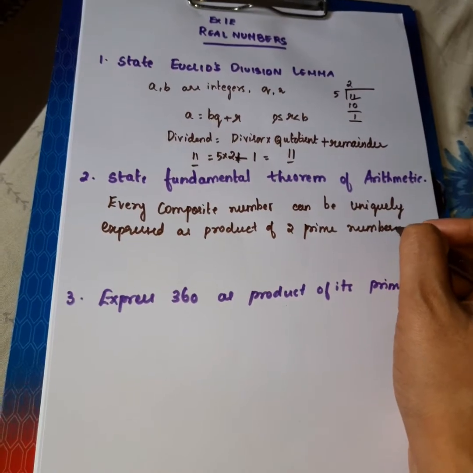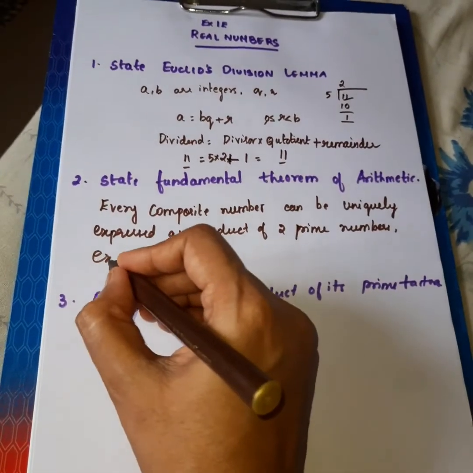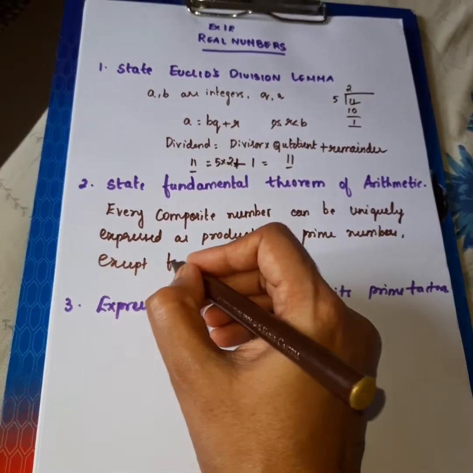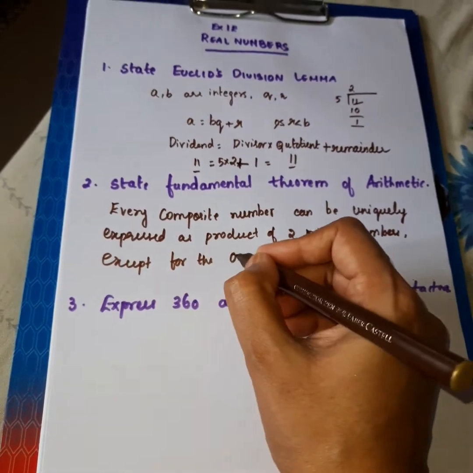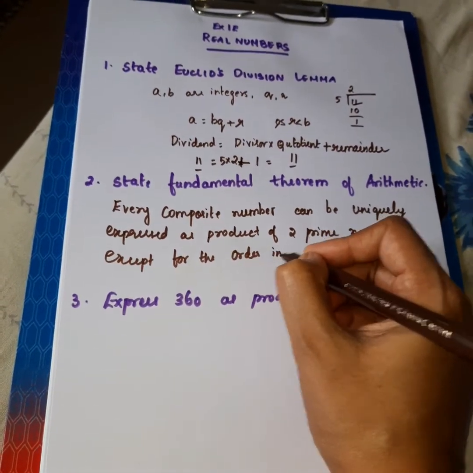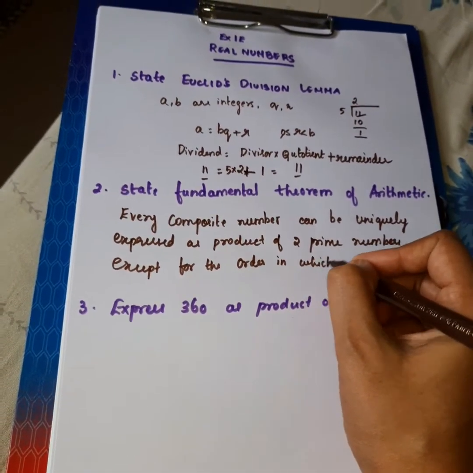So every composite number can be uniquely expressed as a product of prime numbers, except for the order in which the factors occur.